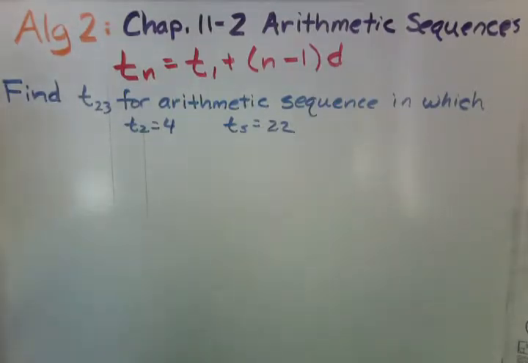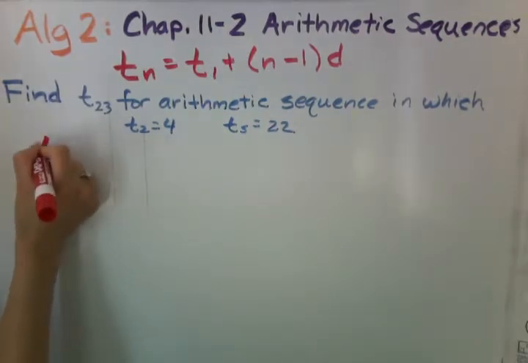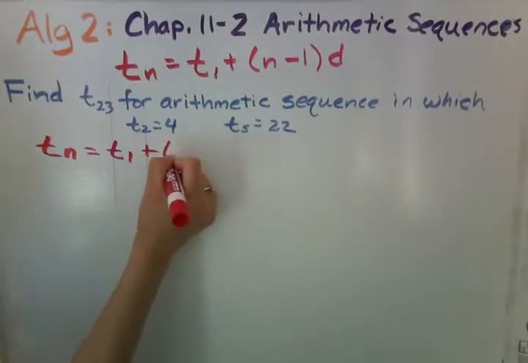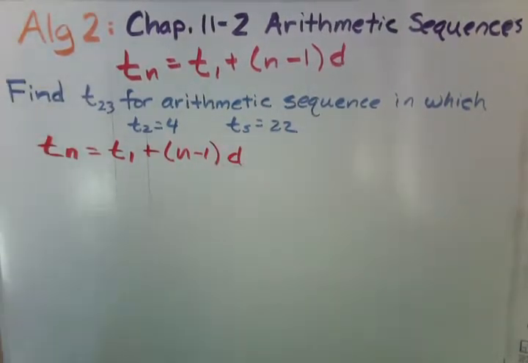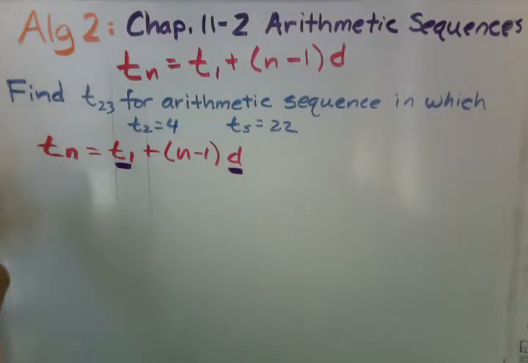Long and very tedious, but what I'll do is my best to explain it and to re-explain it. We're going to start with this formula. And our goal right now is to find T1 and D so that we can find the 23rd term.